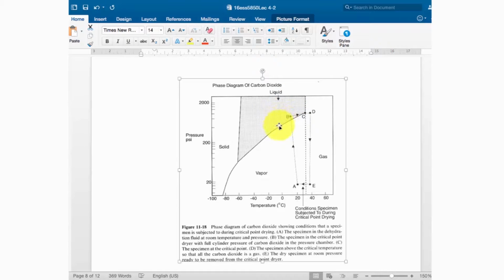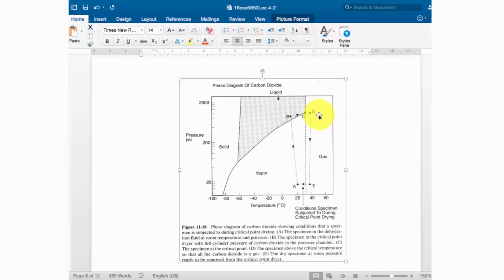After the replacement, we increase the temperature from point B up to point D. If we increase the temperature along this track, you will pass the critical point. When it passes the critical point up to D, the carbon dioxide, originally liquid, becomes a gas beyond point C, up to point D. So there will be no surface tension underneath the cantilever, I mean the carbon dioxide.